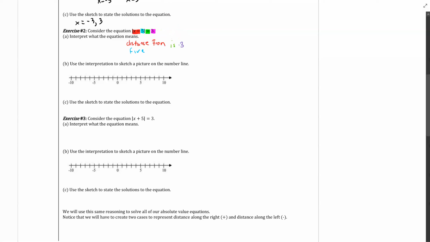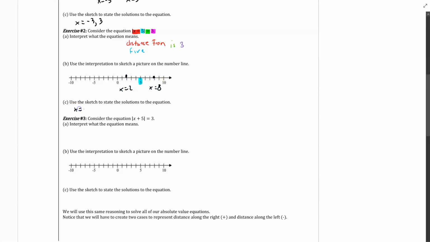So in terms of interpreting the problem, we center around positive 5, and we want the values that are 3 to the left. So that's going to be positive 2. And if we go 3 to the right, that's going to be positive 8.